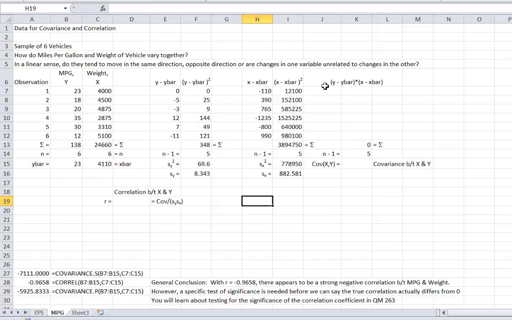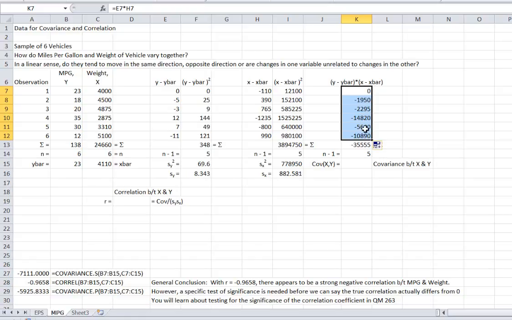So I've got these worked out already. So again, let's just work on the covariance. And for this one, I'm just going to take this cell times this cell. So it's exactly the same as what I did for the other problem, but I'm just skipping a step since I already have that done.